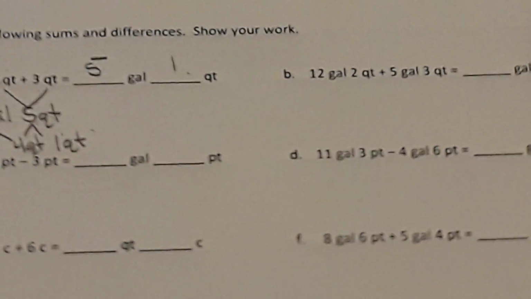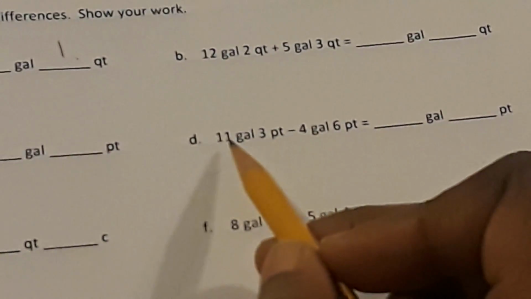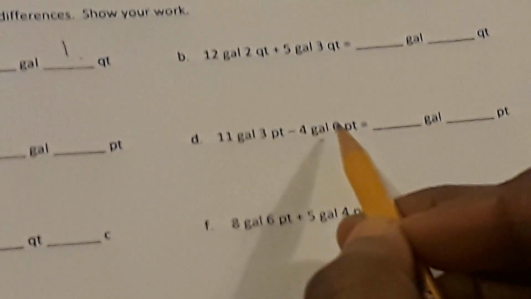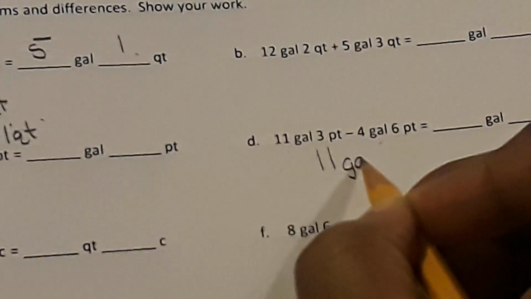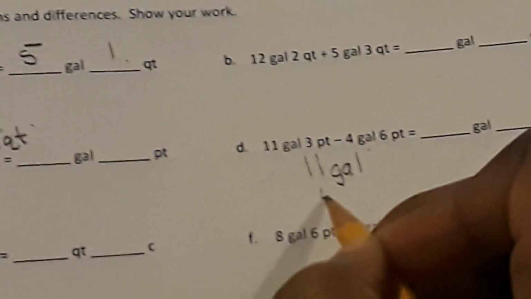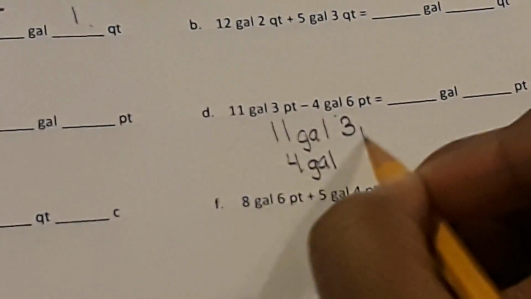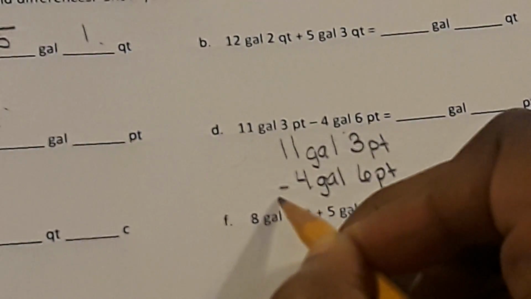And then really, again, here is where we have 11 gallons and 3 pints minus 4 gallons and 6 pints. So again, if you can write that like this, keeping your gallons and your pints together.